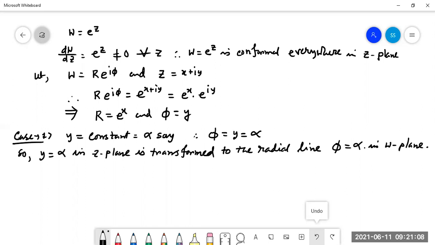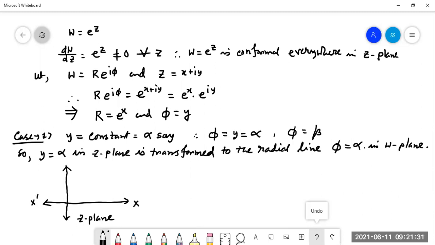Now, if we take that phi equal to alpha, another part, if we take that phi equal to beta. Now, look at here. In that case, what will be the picture here? It is the z plane.